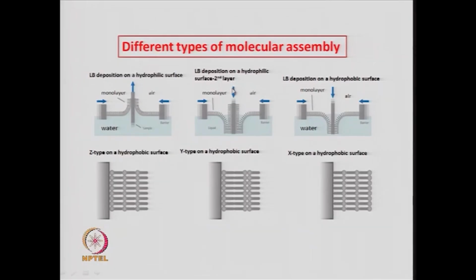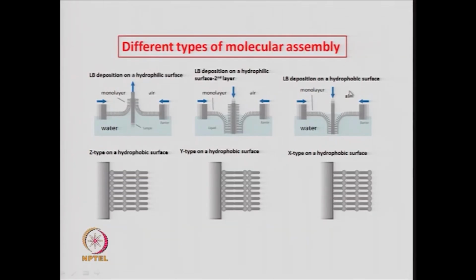When you push it back, then on top of the first layer a second layer will start forming, and you see the two hydrophobic parts are close to each other. When you push in the substrate, the second layer of molecules on top of the water layer will form, and ultimately you will get a substrate which has two layers. So, it is a bilayer on top of the substrate.